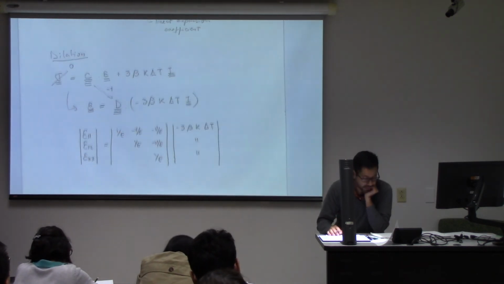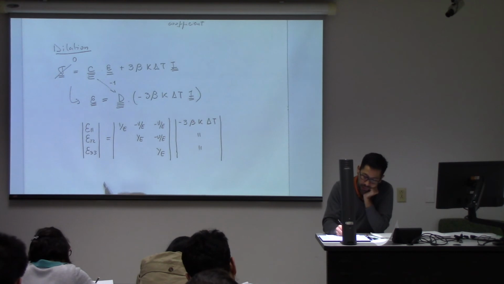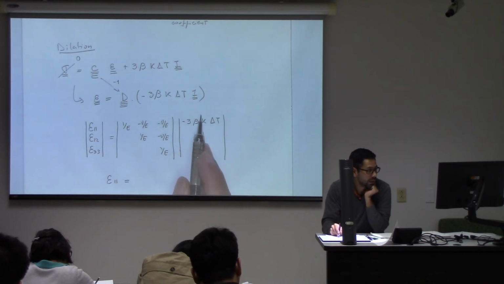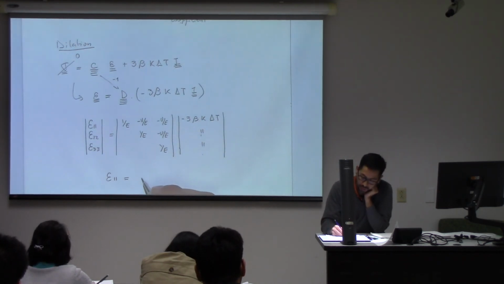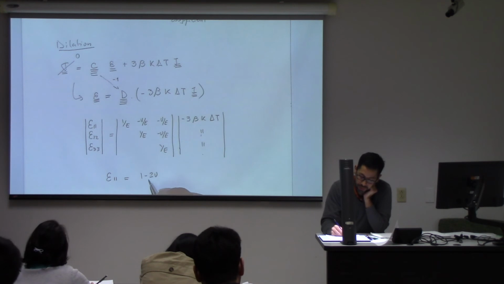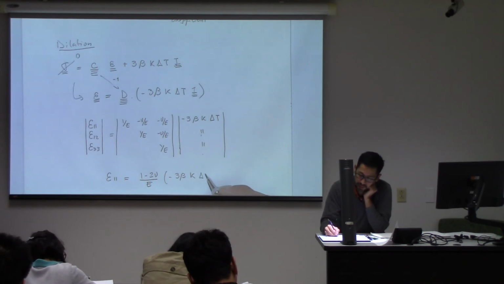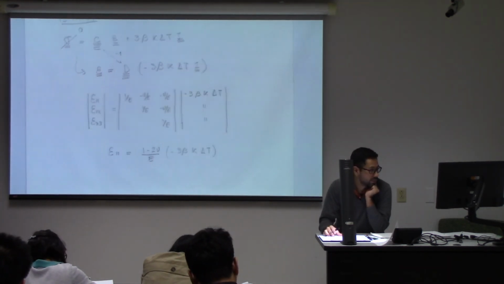So all the strains are going to be the same, and they're going to be all equal to 1 minus 2 times Poisson ratio divided by Young modulus times what I had in this matrix.